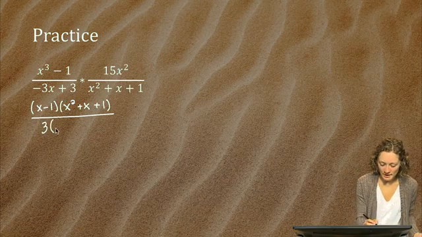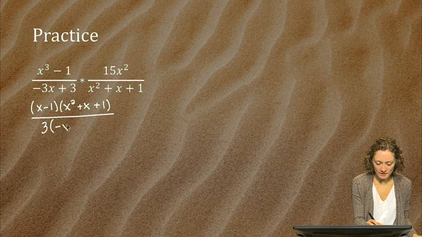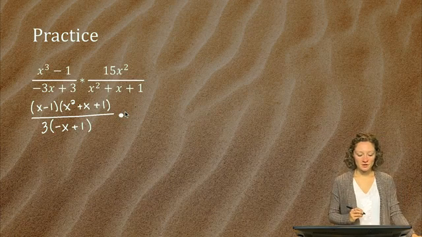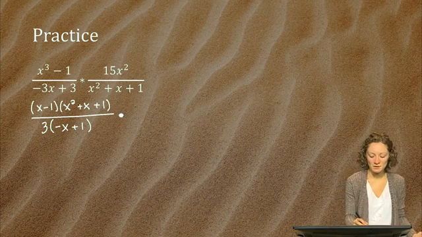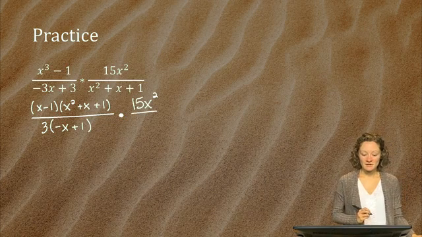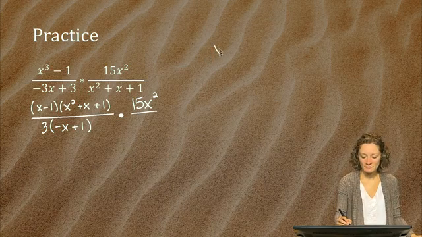You can take out 3 or negative 3. I'm just going to take out 3, leaving me with negative x plus 1, times. Our second numerator has 15x squared. That's only one term, so there's nothing we can do with that. And the denominator, x squared plus x plus 1. It's a 3 term and there's no GCF.